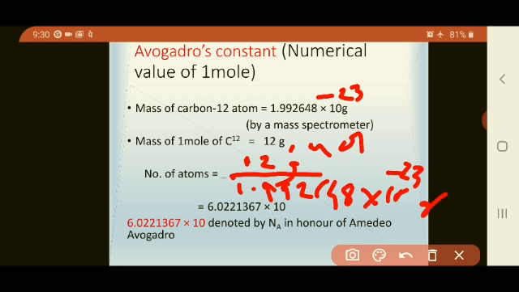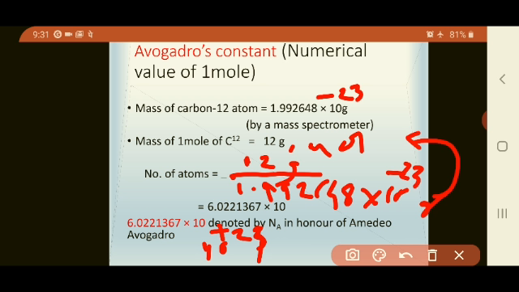Now when we divide 12 by 1.992648, the 10 to the power minus 23 goes up to the numerator and becomes 10 to the power plus 23, right? And the value comes as 6.022 into 10 to the power 23. Remember, it is plus 23, not 24.